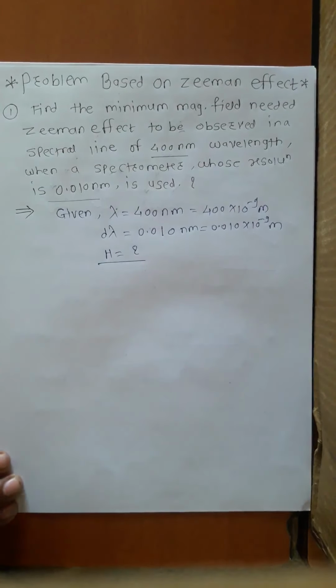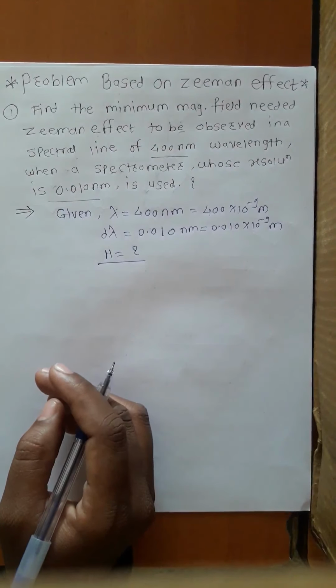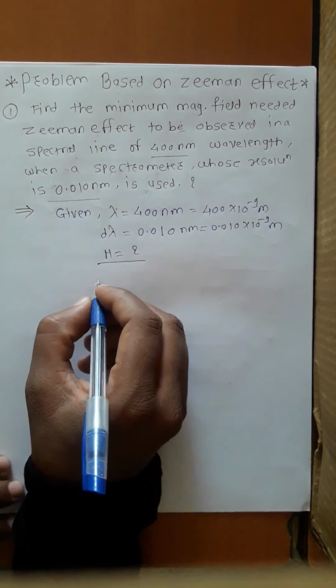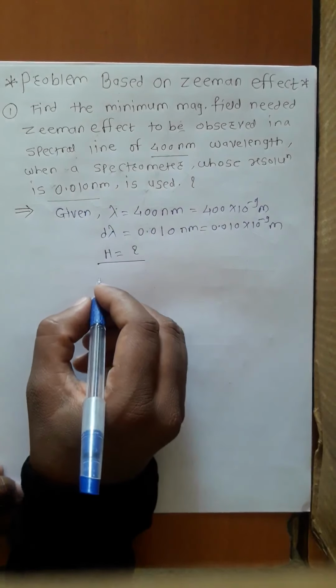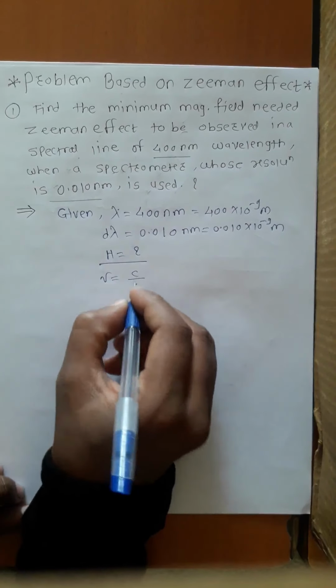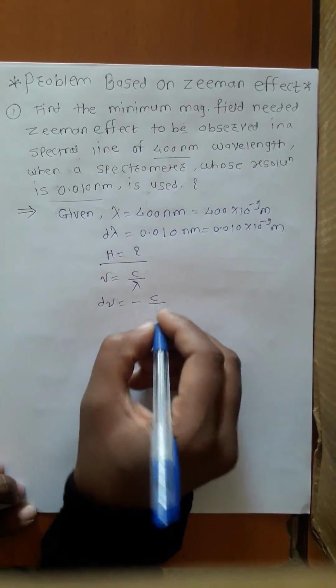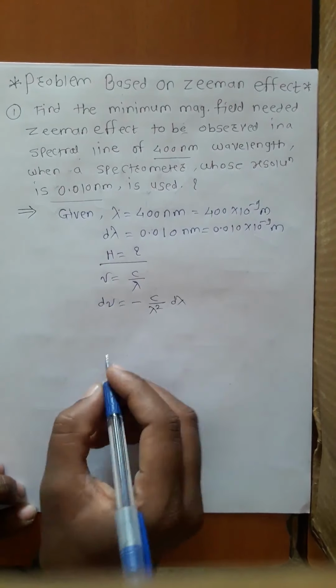What is the formula? First we have to calculate the frequency from this equation. Nu is equal to C upon lambda. Differentiating, d nu is equal to minus C upon lambda square into d lambda.